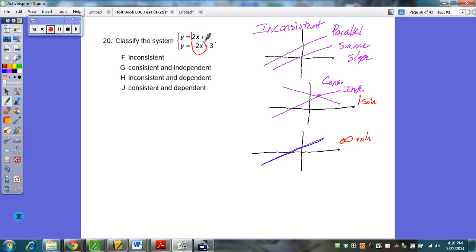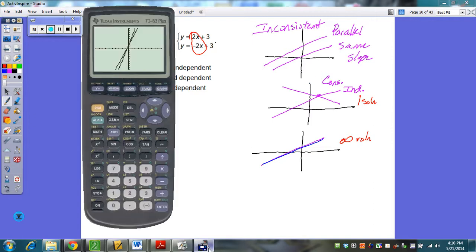So we look at this. I want to look at my slopes. I have different slopes. So that tells me it's not inconsistent. Because if I had the same slope, it would be parallel. So again, going back to a graphing calculator, I can look at this and tell.